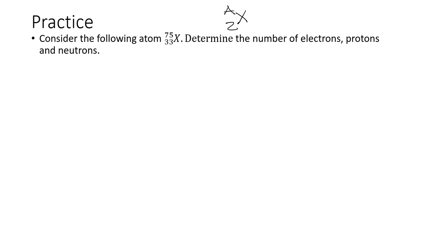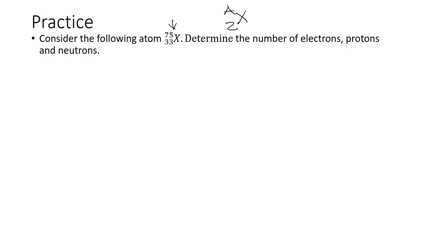So consider the following atom. So the atom is given as 75, 33X. So as shown here, determine the number of electrons, protons, and neutrons.